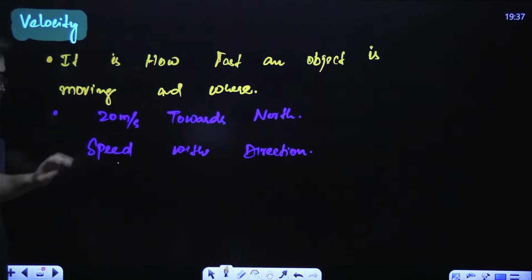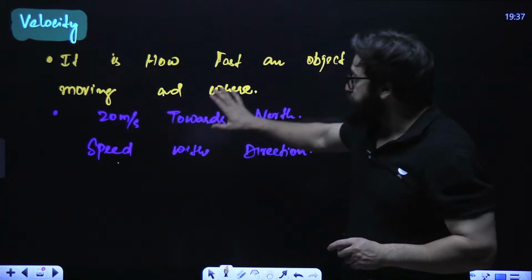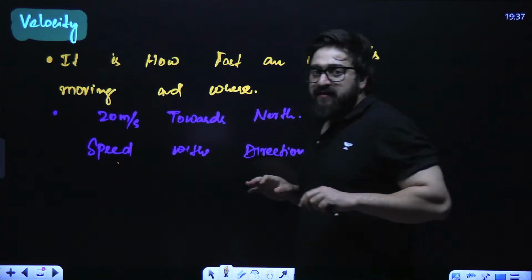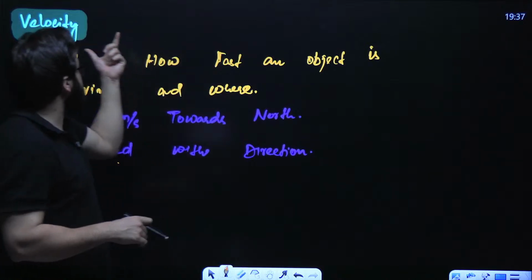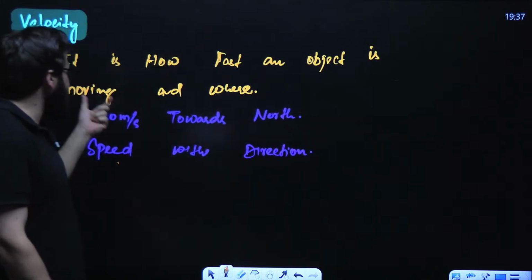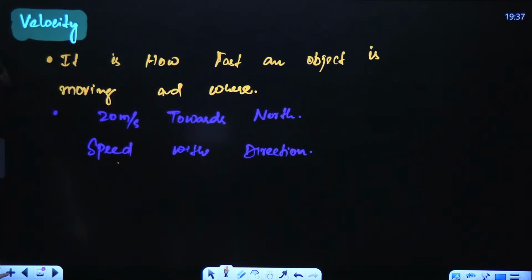Next, we have the velocity. Velocity is important, guys. When it comes to velocity, we say it is how fast an object is moving and where. Let's suppose I give you an example.